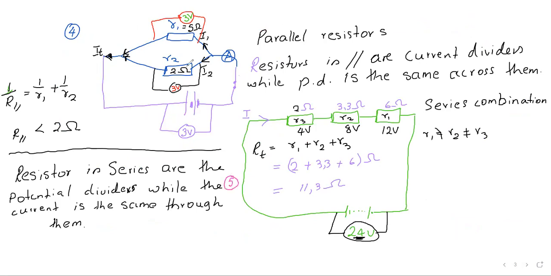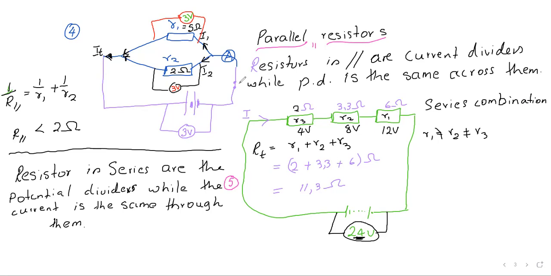We have resistors that are in parallel. Now, for this parallel combination, the current will be divided. Some of the current goes up, some of the current comes here, that will meet up there. We say resistors in parallel are current dividers, while the potential difference is the same across them.